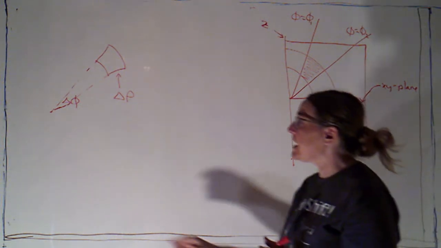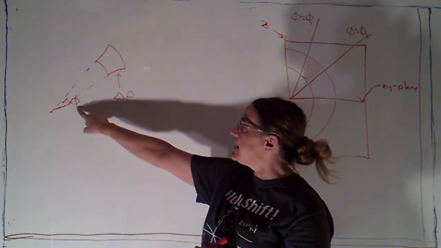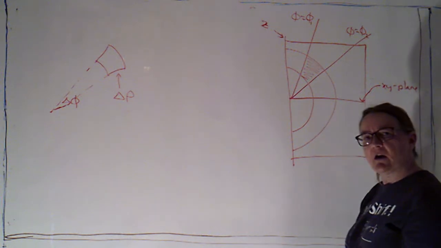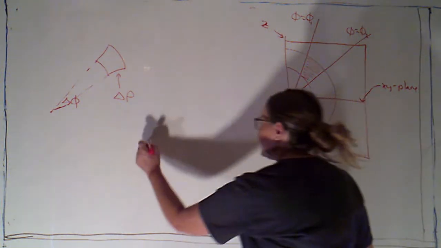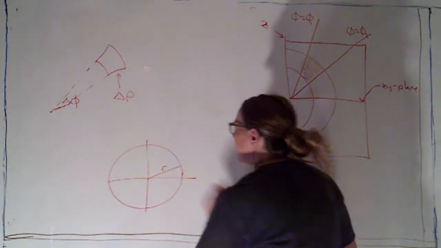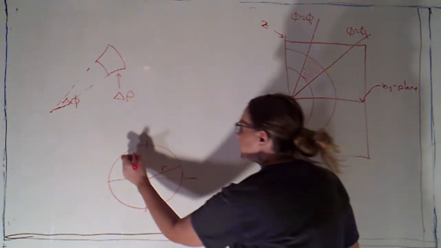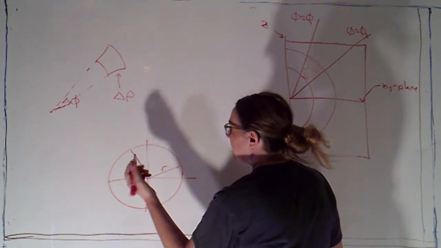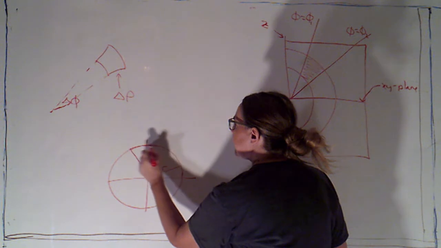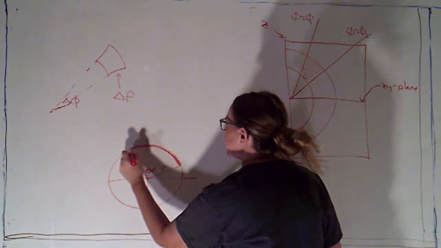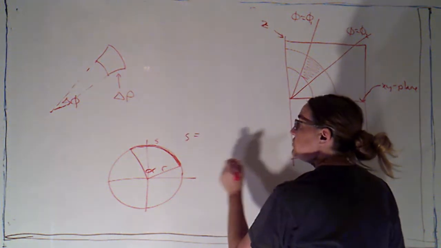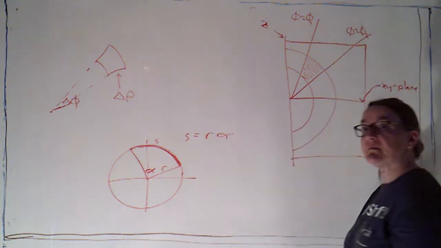They're the arc length that corresponds to this angle, delta phi. Okay. Now, if we think about calculating arc length, if I had a circle of radius r, and I had some angle, let's just call it alpha, and I wanted to calculate the arc length that's swept out, we usually use s for arc length, s would just be r times alpha.